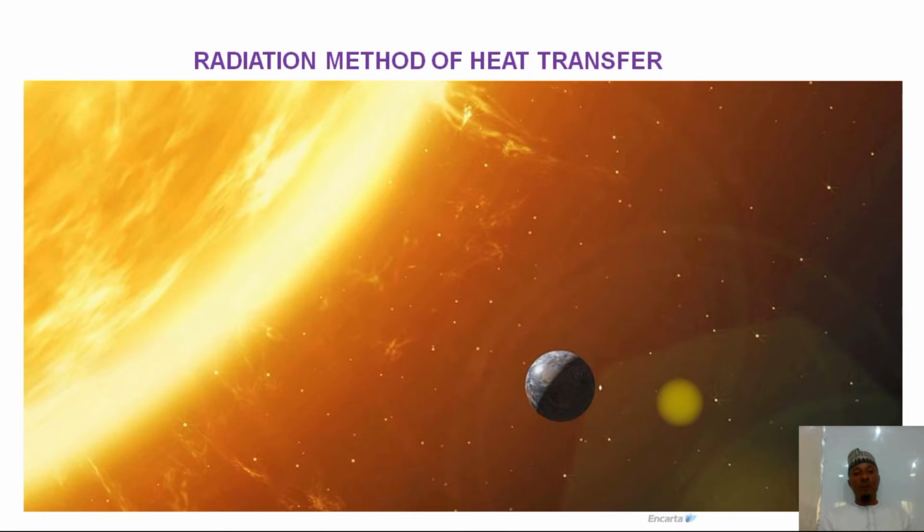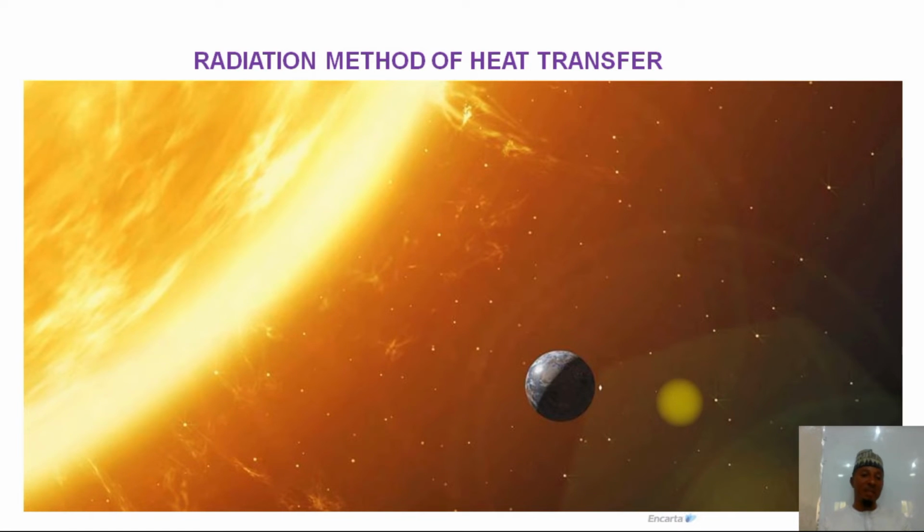We have the radiation method of heat transfer. In this method of heat transfer, there is no contact, or matter is not necessary. Contact is not necessary.